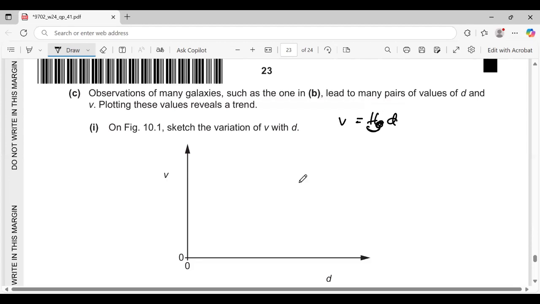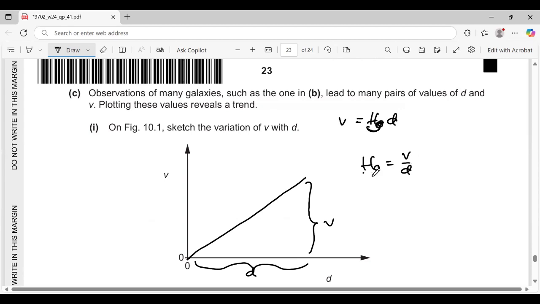So this is a straight line from the origin. The gradient is phi divided by d, and phi divided by d is H0, the Hubble constant.